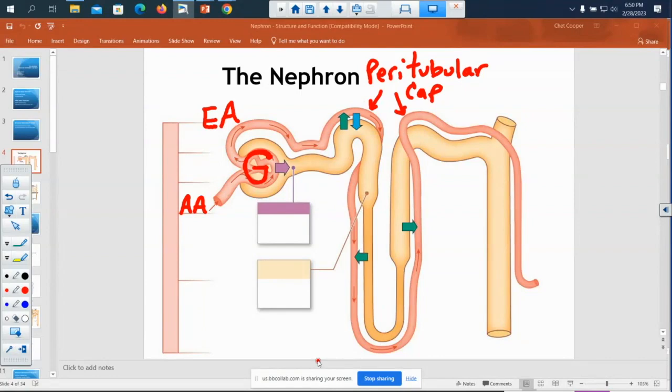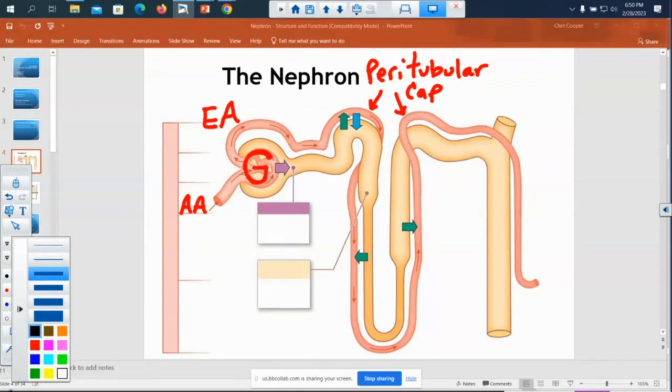The other picture didn't show that, so that was one of the reasons I need different pictures to show that. So notice how I started with this one. This time I did all the blood vessels first. Instead of going into the nephron itself, I did the blood vessels associated with the nephron.